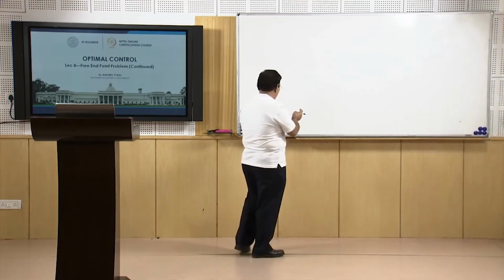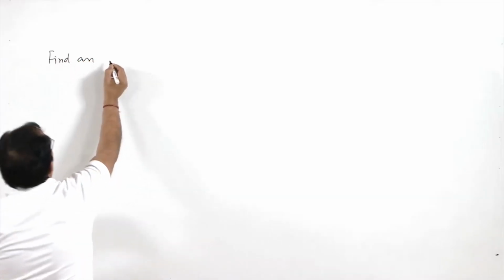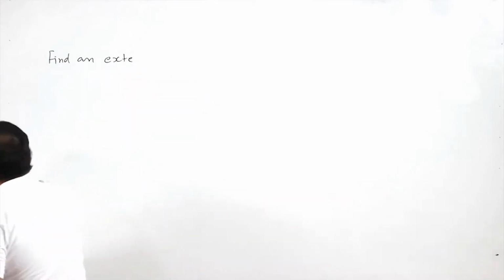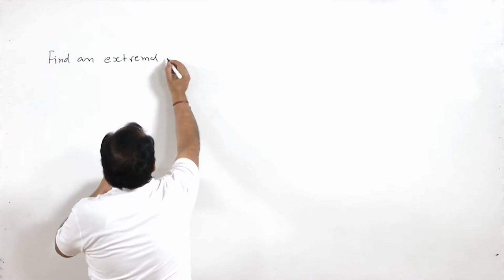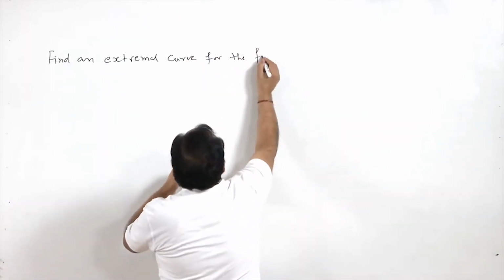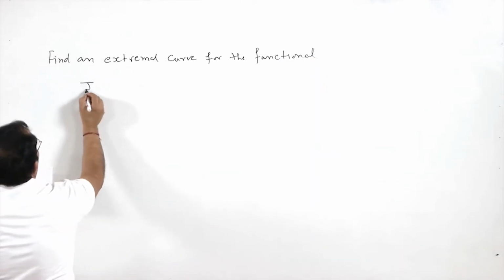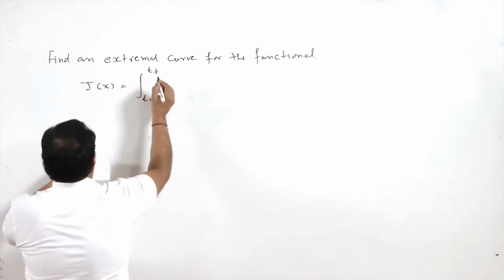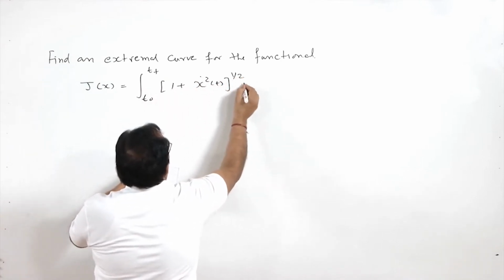For this second sub case we will take a problem. The statement of the problem is: find an extremal curve for the functional J of x equal to integral of the integrand to the power half dt.